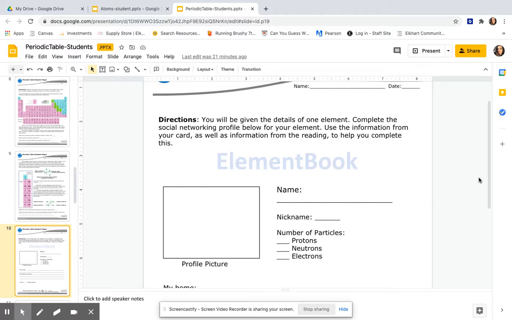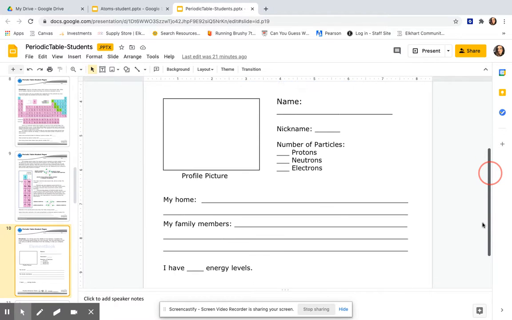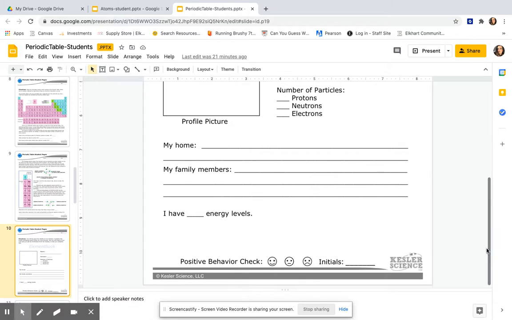I want you to tell me what its name is, what the number of particles are for protons, neutrons, electrons. You're going to find a picture on the internet and paste it right here. And then you're going to tell me where it belongs, what its home is, and as far as where it's grouped, what its family members are, and what its energy levels are.